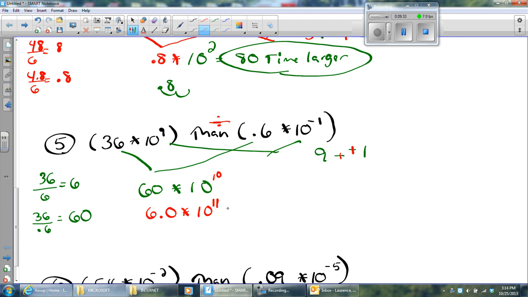And that's going to be a large number. I guess I didn't have to do this step, kind of did it automatically. But I'll go 1, 2, 3, 4, 5, 6, 7, 8, 9, 10, 11. 600 billion times larger. Yeah, it's many times larger.